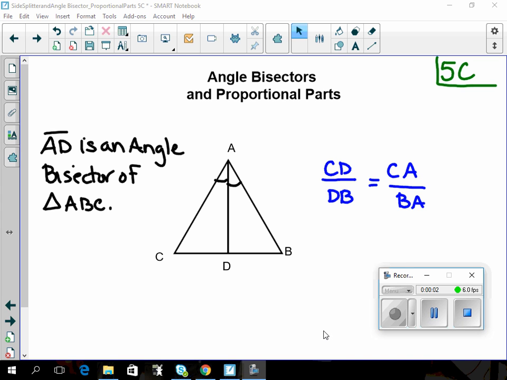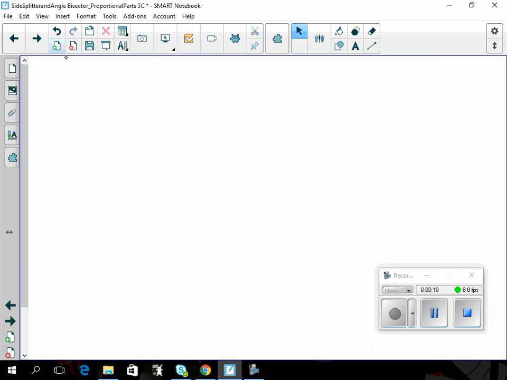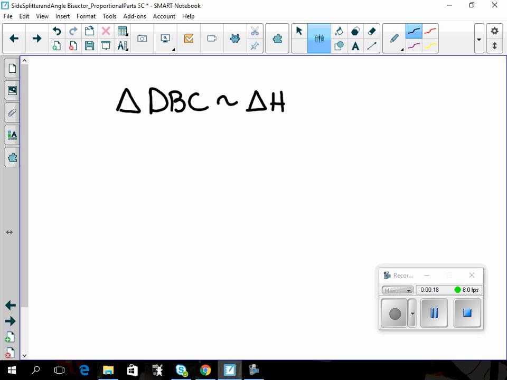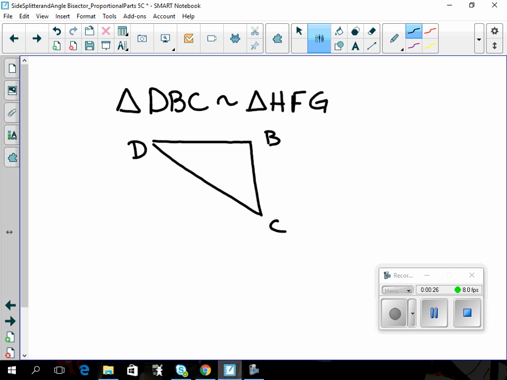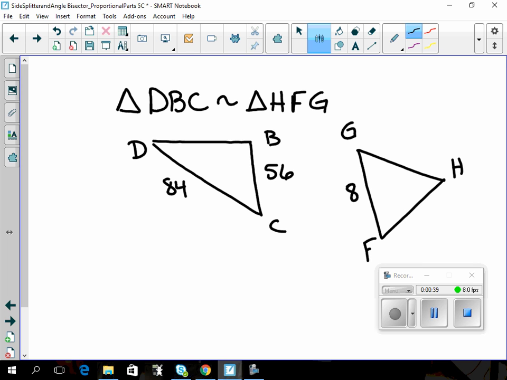So one of the ways that we're going to use algebra to solve for similar triangles is if I have a similarity statement and I'm given some sides on that particular triangle, and then I have the other triangle, and notice it's not really drawn like one might be flipped, it might be rotated.